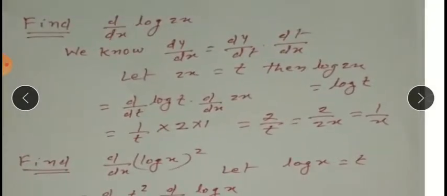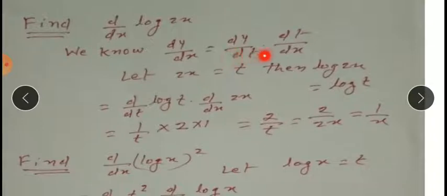See some examples. I am explaining some examples of differentiation and integration. These are simple questions. You know about these questions, but in further questions we will use their answers directly. That's why I am doing the explanation. d/dx of log 2x. We know the formula dy by dx is equal to dy by dt times dt by dx. Here let 2x is equal to t.